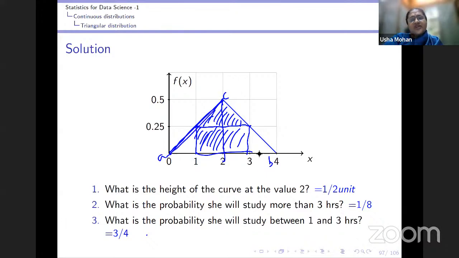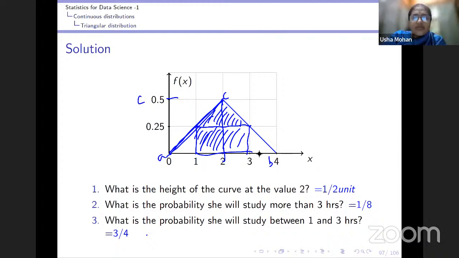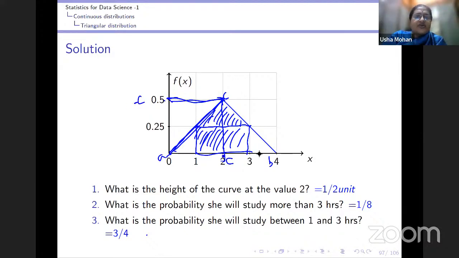What is the slope of this line, if this is C? 0.5. No, not for this. Suppose I'm given, instead of 0, this one, I have an A, B, and C. What is the slope of this line if this is C minus A, and suppose this is some D?